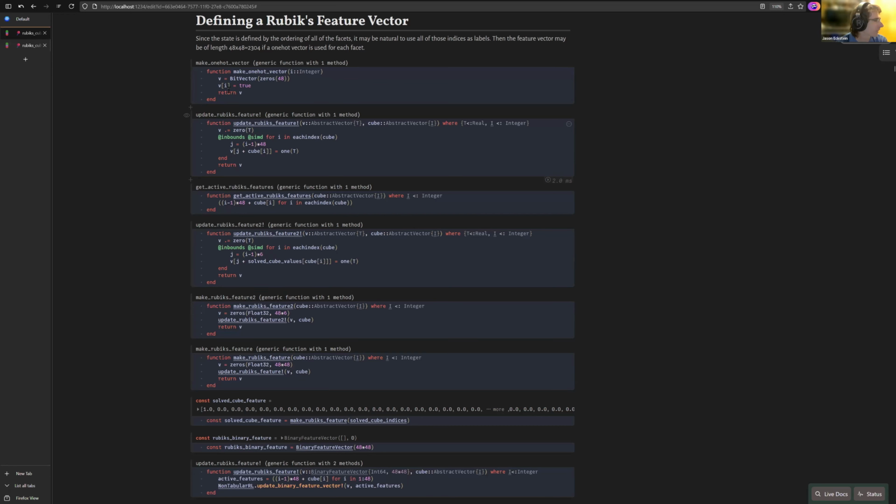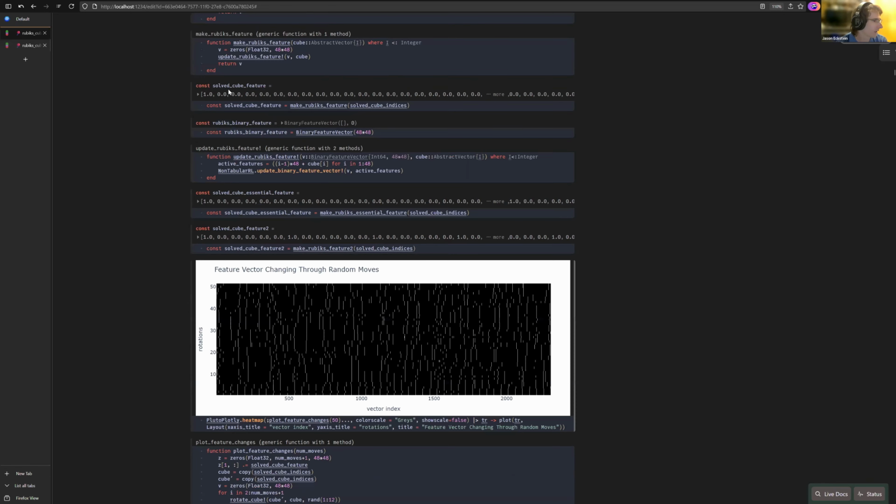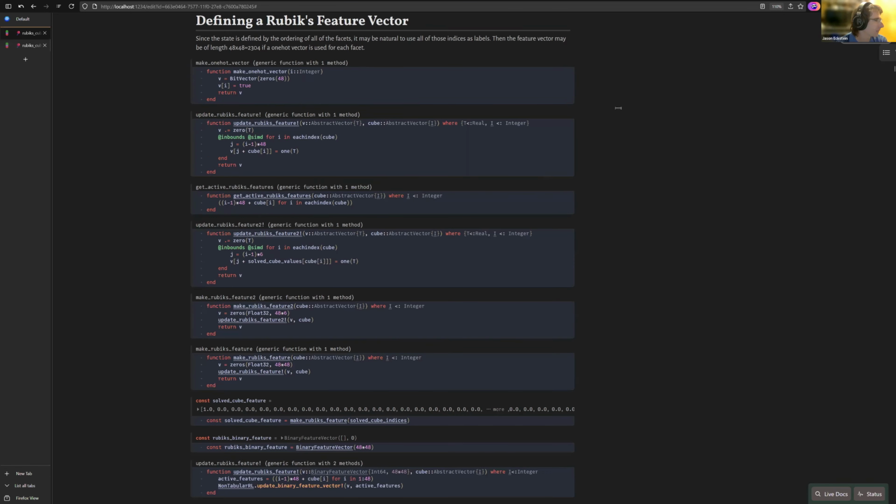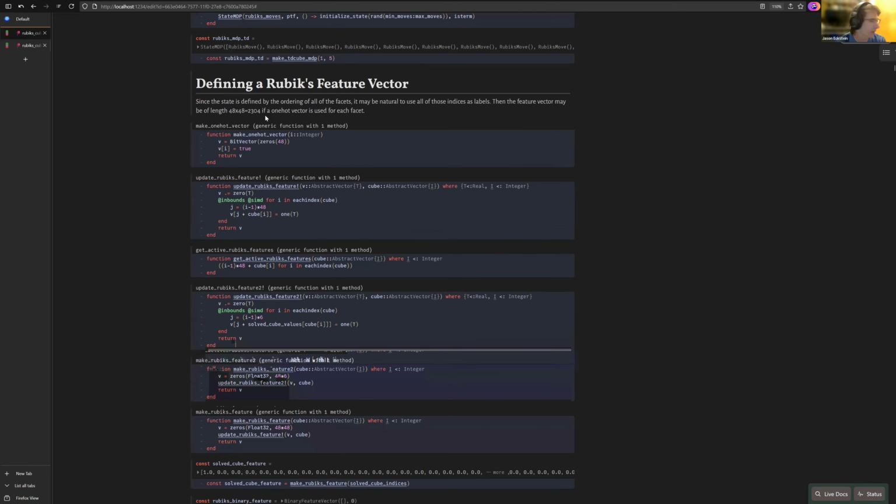But if we construct the feature vector like this, it ends up being 2,304 bits long. However, only 48 of them are going to be turned on at any given moment.